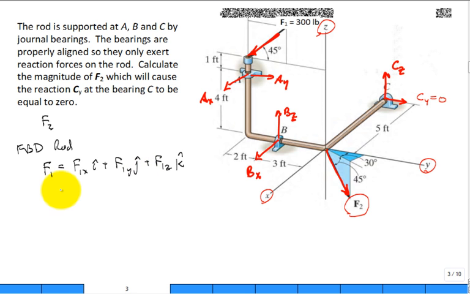Now I'm going to say that one of those components is equal to 0. So the question is, answer A, if you think F1x is equal to 0, or answer B, if you think F1y is equal to 0, or answer C, if you think F1z is equal to 0 for the information given in this problem. We know the magnitude of F1 is 300 pounds up here.